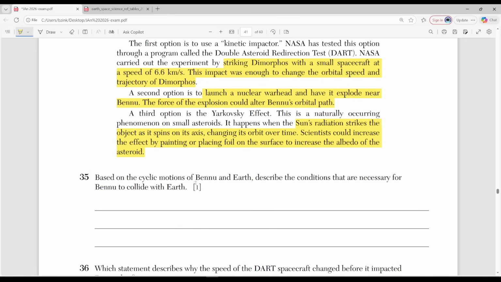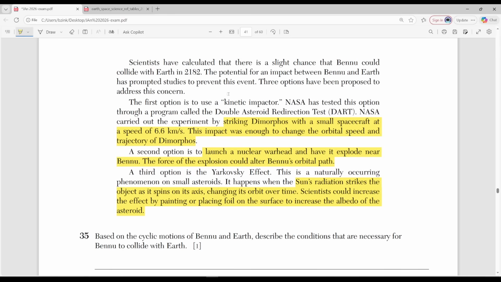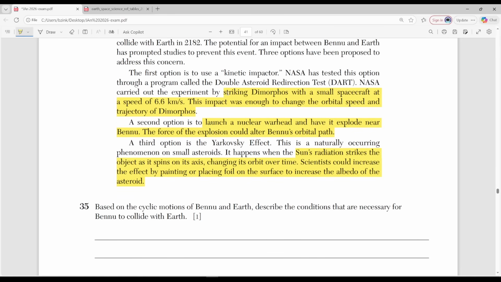Based on the cyclic motions of Bennu and Earth, describe the conditions that are necessary for Bennu to collide with the Earth. The conditions necessary based on the cyclic motion? I don't know what they're going for here. Describe the conditions that are necessary. You need them to cross paths.